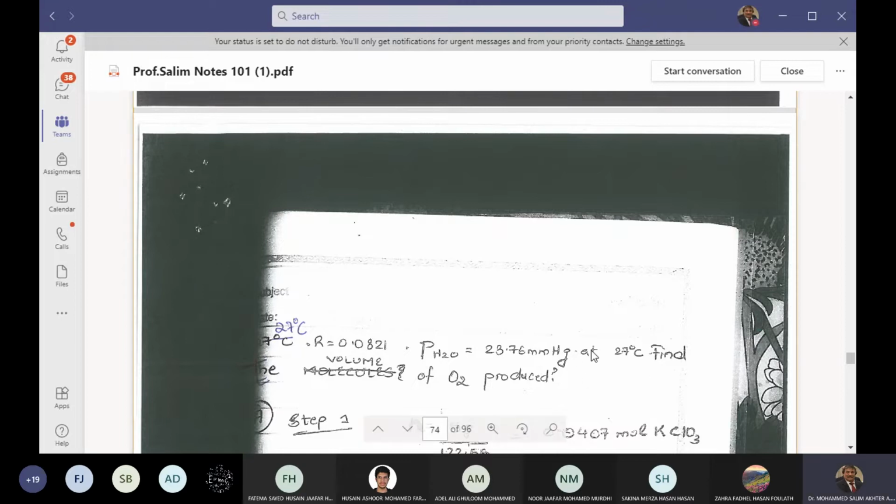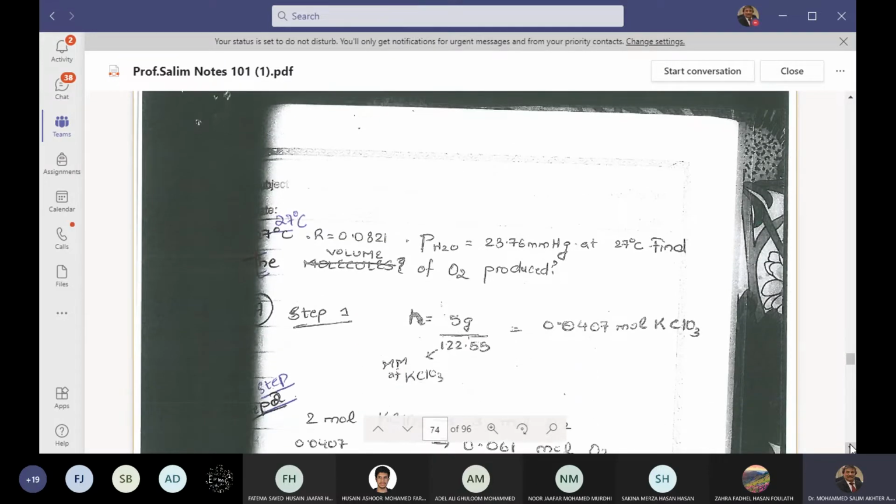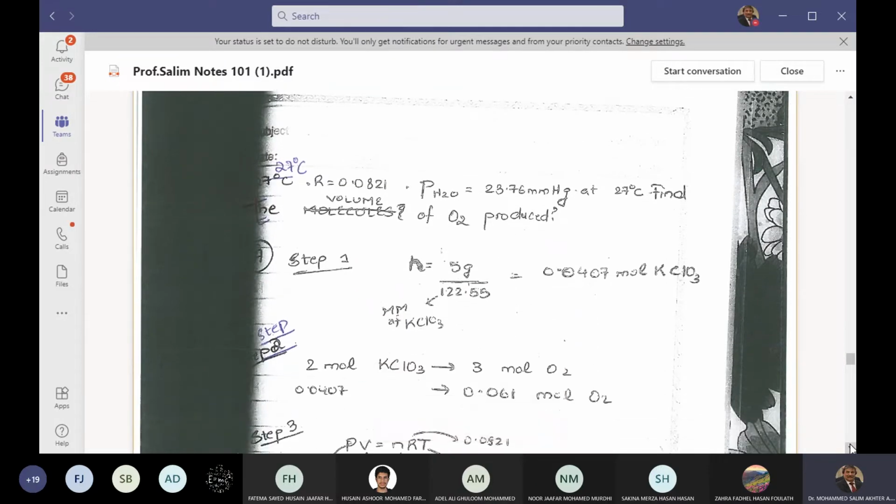If I know the total pressure and the vapor pressure of water, can I get the pressure of oxygen gas? Yes. Remember what I want: I want to find the volume of O2 produced. I have 5 gram KClO3.